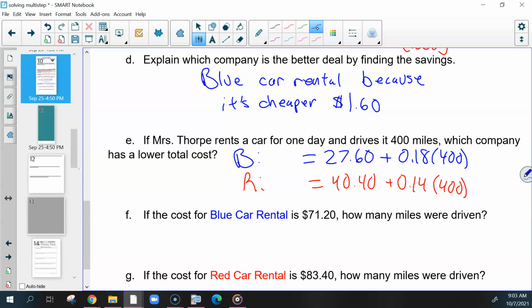What is the total for blue? The total for red? 96.4, okay, that sounds right. 96.4. So the red one is the cheaper one. In the long run, red is going to be cheaper, but if you just need to drive, then blue is cheaper.